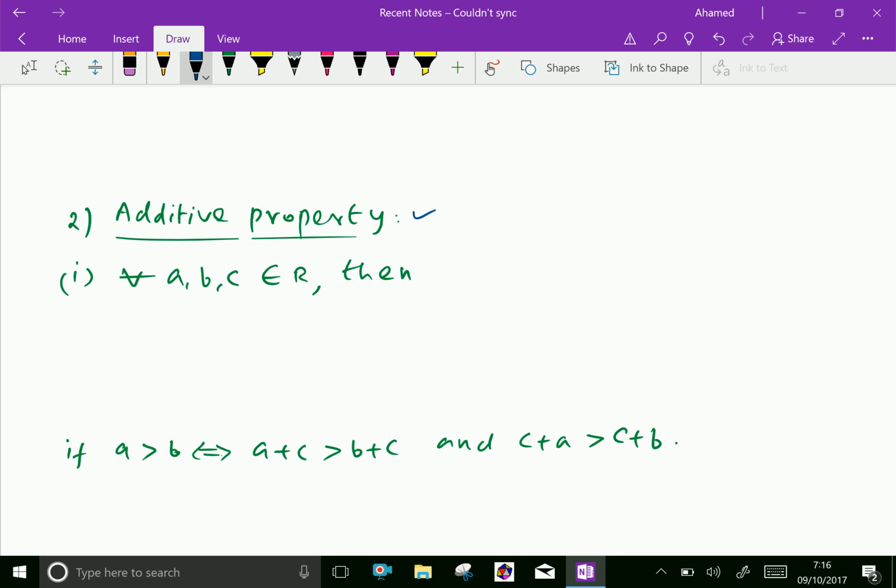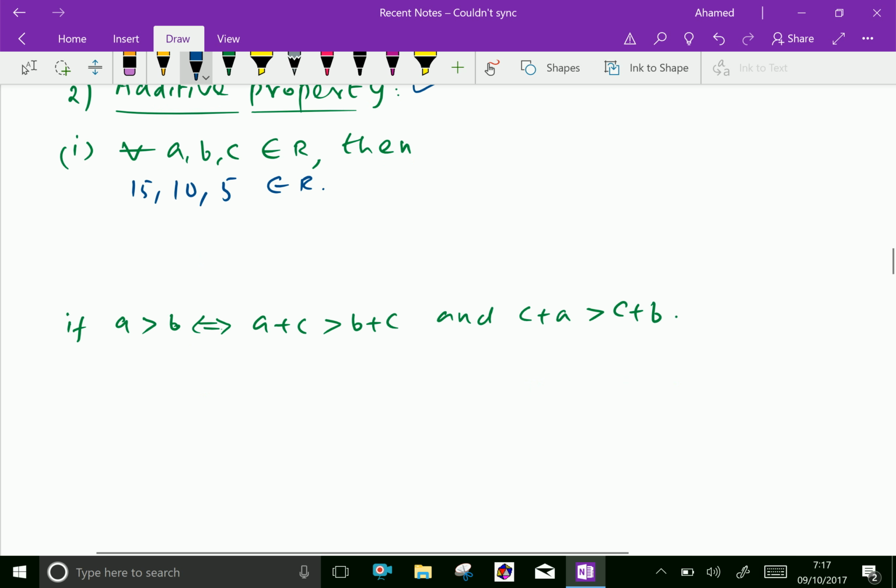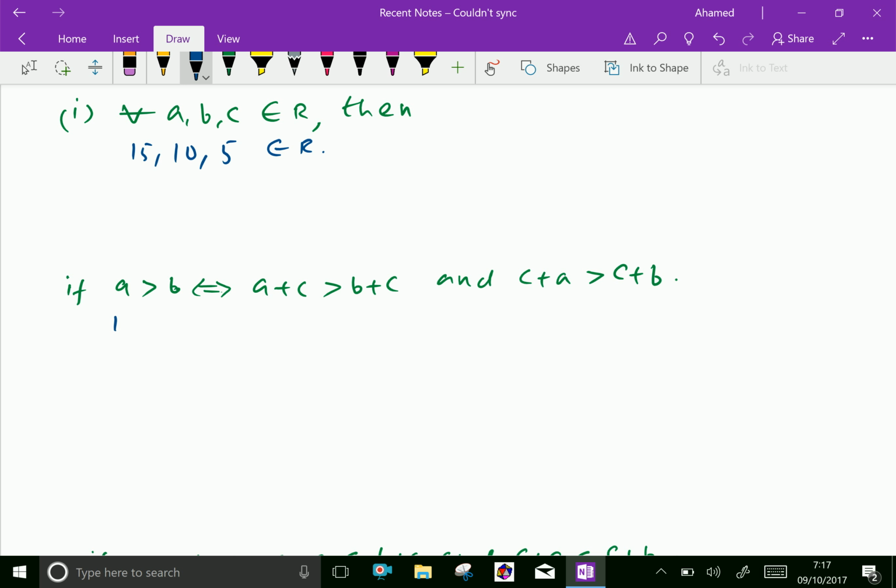Additive properties. If A, B, C are elements of R, suppose A is 15, B is 10 and C is 5. Then A, 15 is greater than 10, that is B we took.